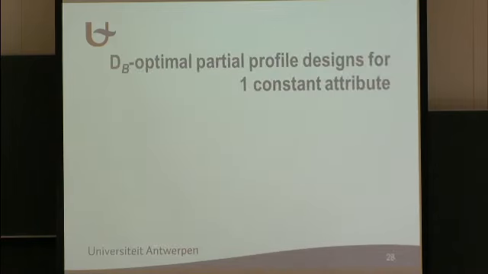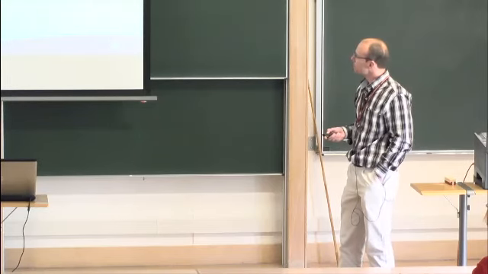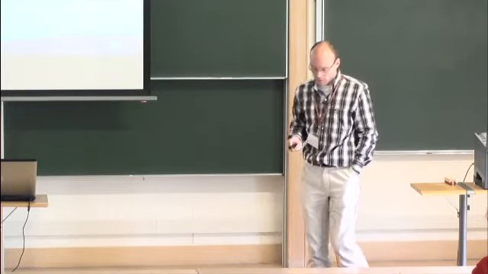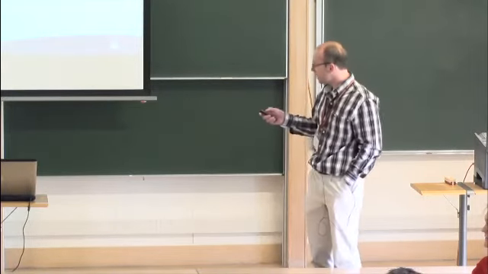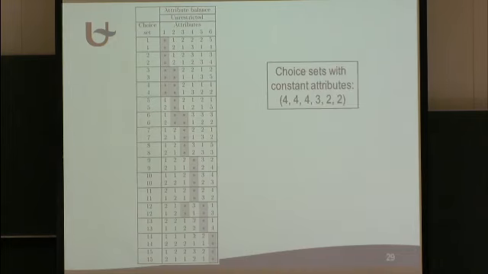Then let us have a look at the first couple of partial profile designs where we want to hold 1 attribute constant. Here we have the result of our algorithm that uses attribute balance and the unrestricted coordinate exchange algorithm. If we use that algorithm, then in theory every attribute should be held constant equally often, but this is not true.